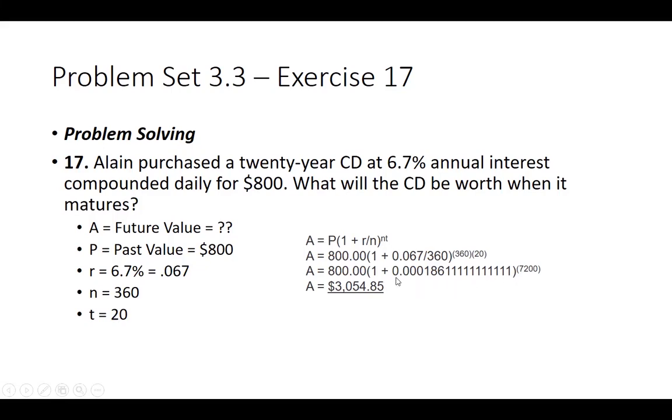Keep it in the calculator. Add 1 to that. Keep it in the calculator. Raise it to the 7,200th power. Keep it in the calculator. Multiply by 800. Round to the nearest cent, you now have $3,054.85.